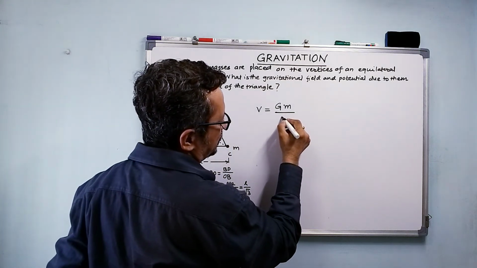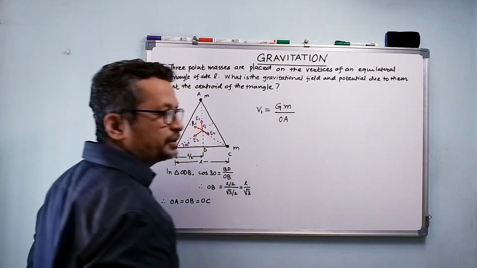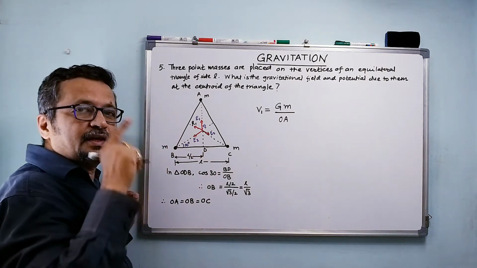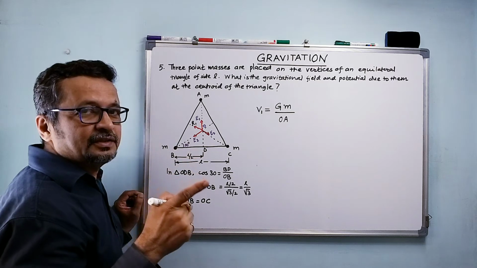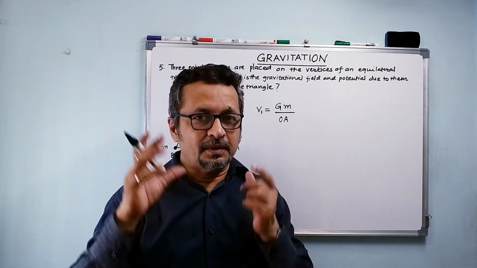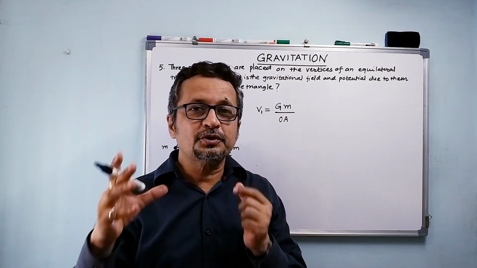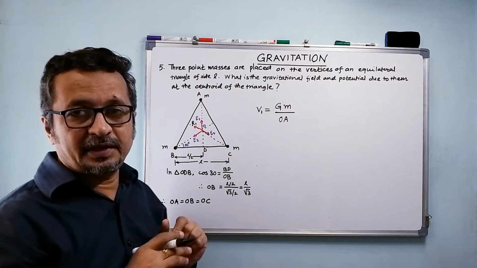So it would be OA, I'm going to write V1, and V2 and V3 are going to have the same magnitude. But now here the gravitational potential is going to have a negative sign. What is the reason? The reason is whatever mass we have at that point, it is going to be bound to each of these masses M there, correct?